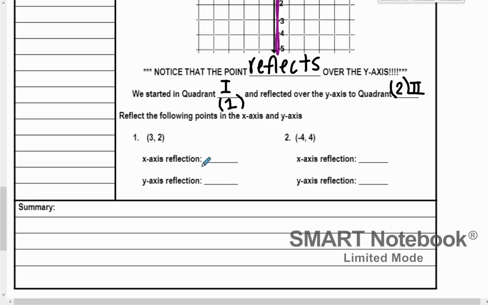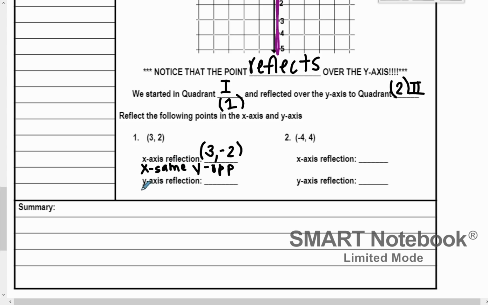Okay, so over the x-axis, the x stays the same. The y is the opposite. So for this x-axis reflection, 3 stays the same. The y becomes its opposite, which is -2. Then it's basically the exact opposite for the y-axis.